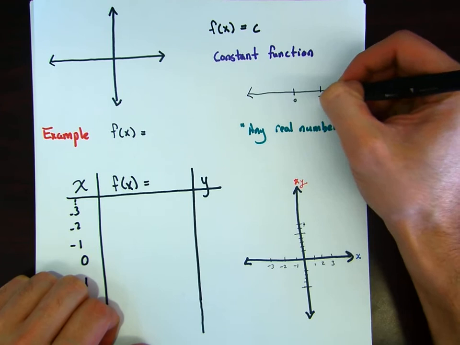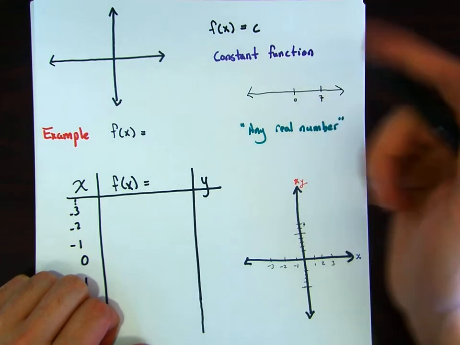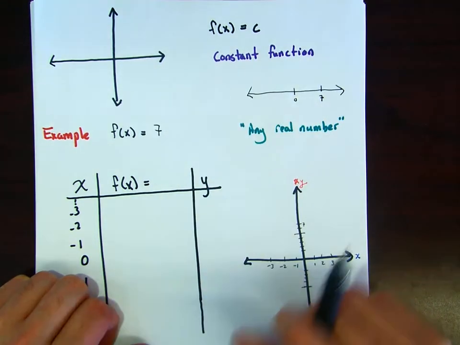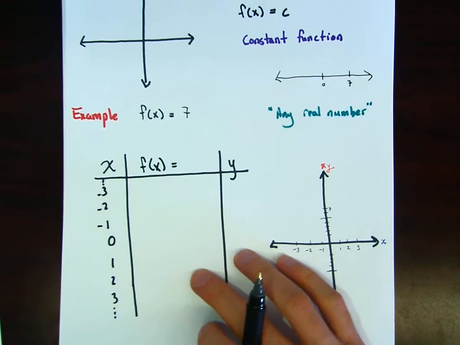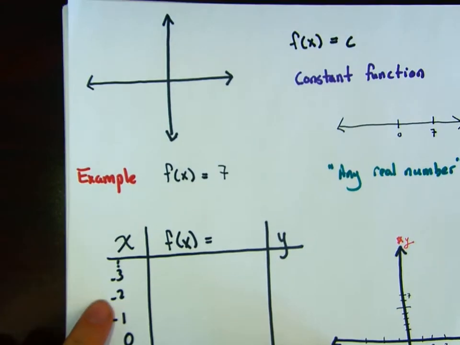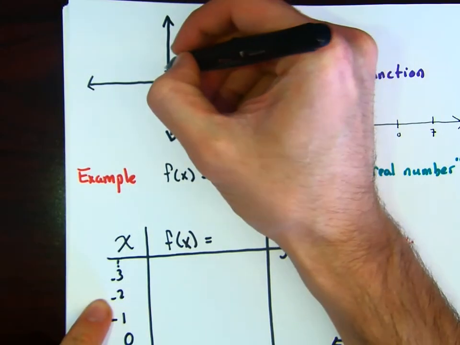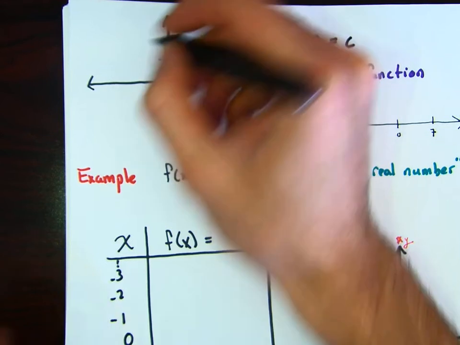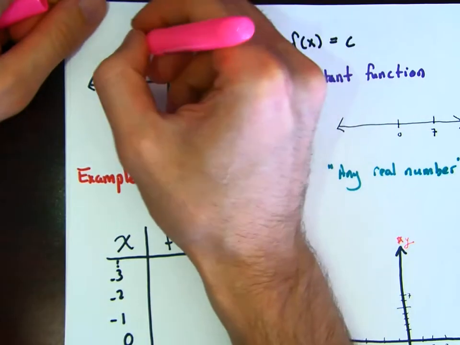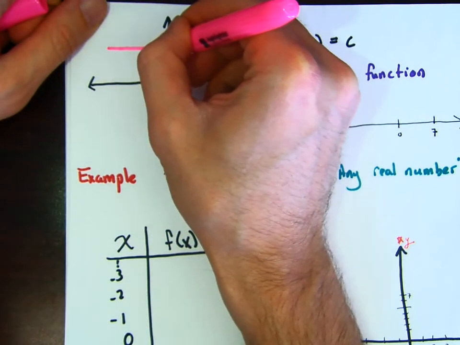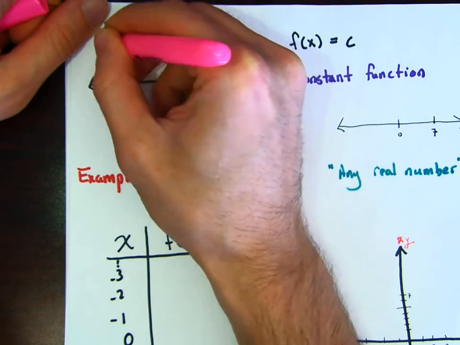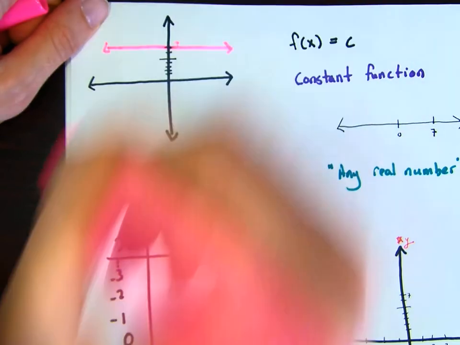Let's say a lot of people like the number 7. Let's say f of x equals 7. What does this graph look like? You go to the y value of 7, and it should just be a straight horizontal line at y equals 7.